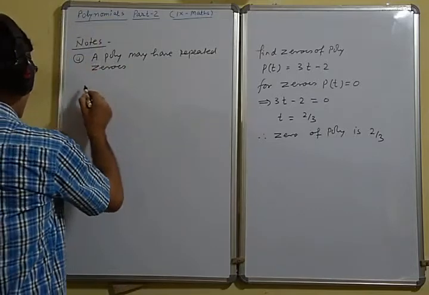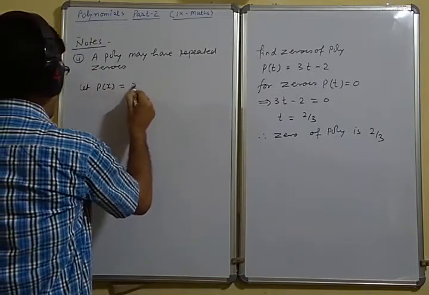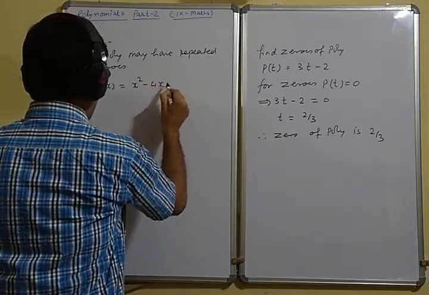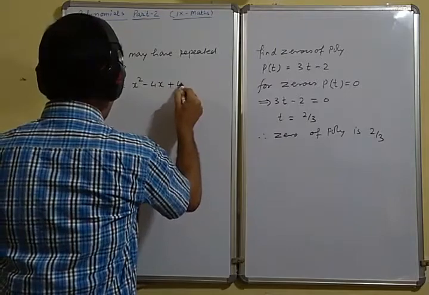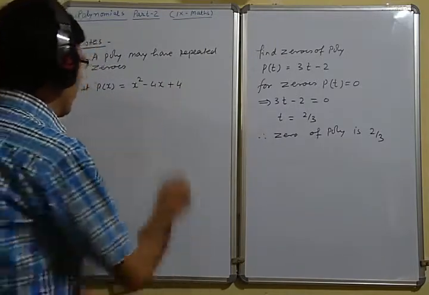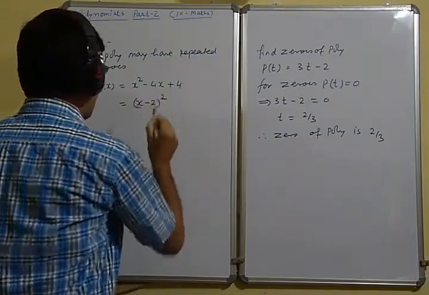So let p(x) is equal to x square minus 4x plus 4. This is equal to (x minus 2) whole square.